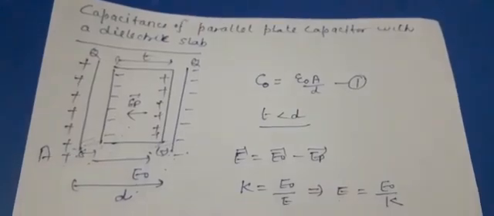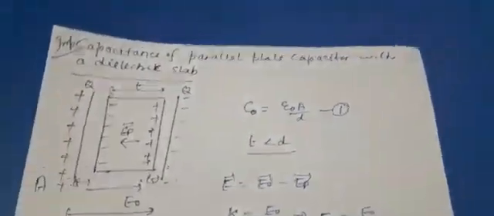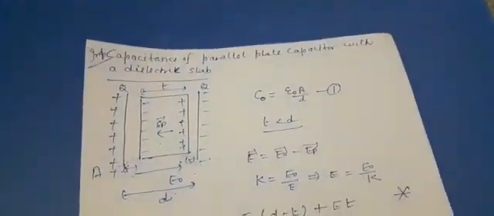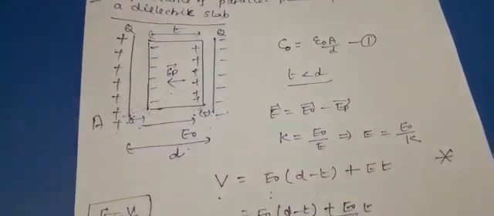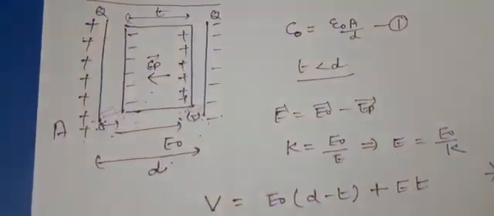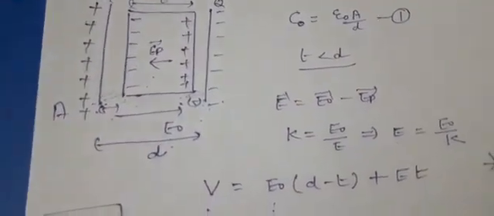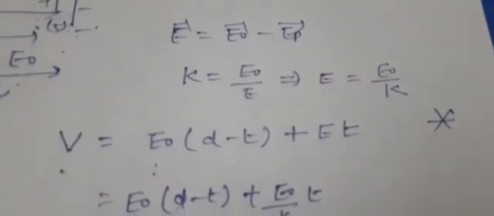So this is an important topic. The result will be used many times. Here you can see when you are finding capacitance of parallel plate capacitor with dielectric slab, electric field in between the dielectric will be reduced. And then what is the main point which you have to remember? That is the potential to be obtained in between the plates.